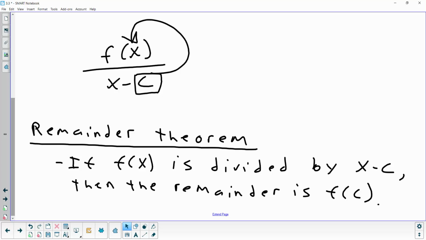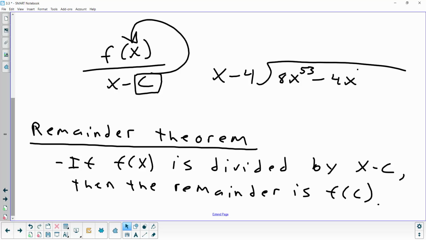So on the test, I might give you something like this, like x minus 4 divided into 8x to the 53rd minus 4x cubed plus 7. And if I said to you to find the remainder there, and you wanted to divide it all out, remember the first thing you have to do, fill in zeros for every term that's missing.